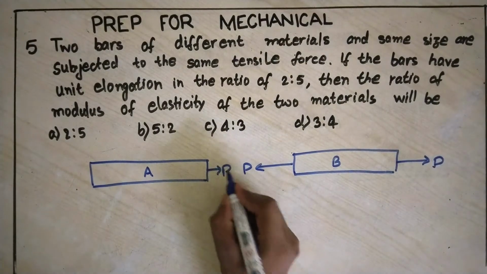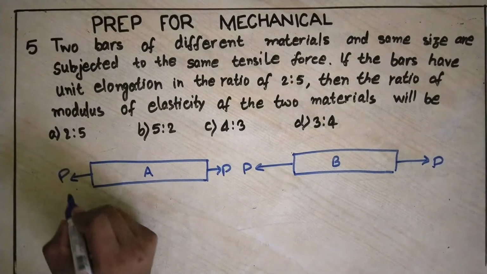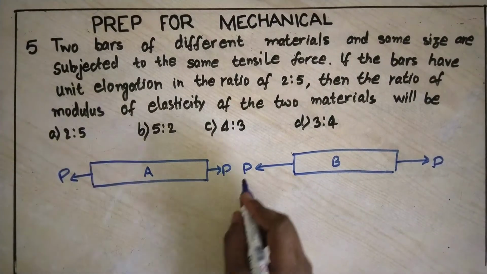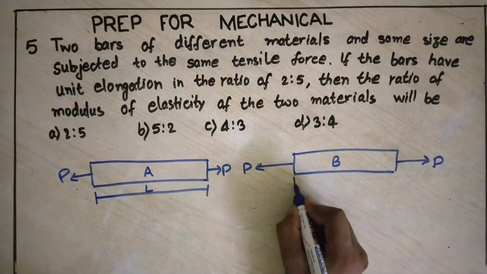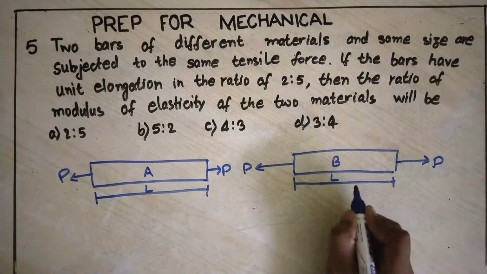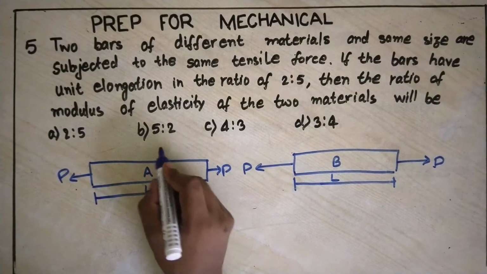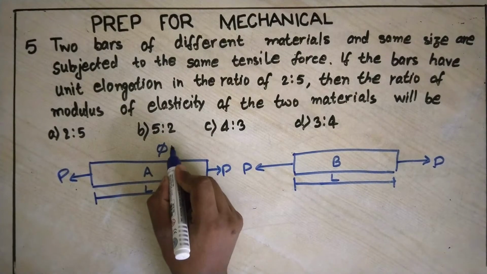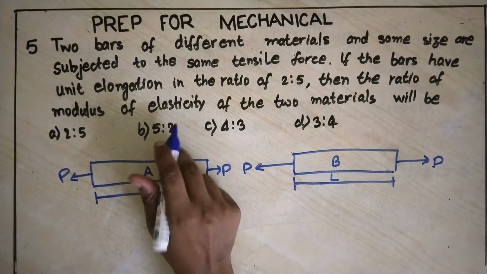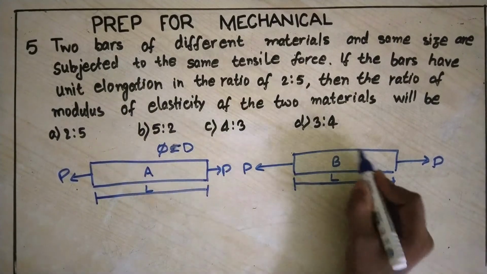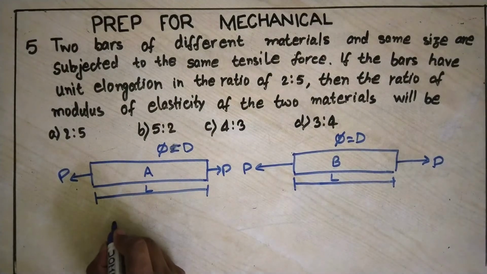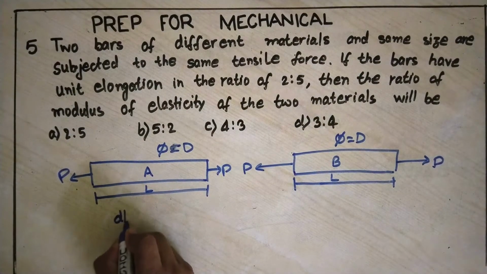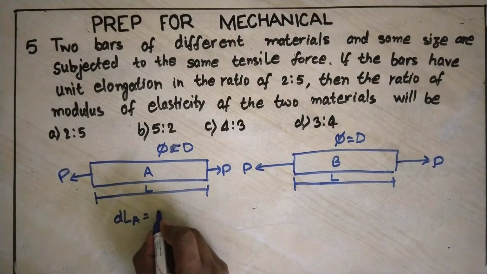Let it be P, and the length is also the same for both of them, and the cross sectional area is also the same. Let the diameter be d. We know that elongation delta L is equal to PL by AE.